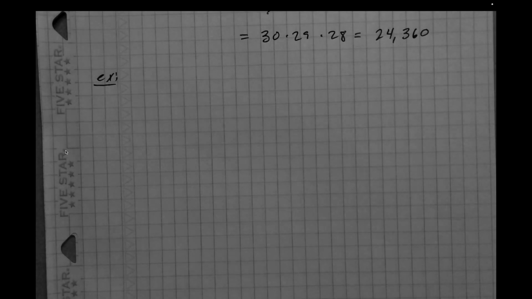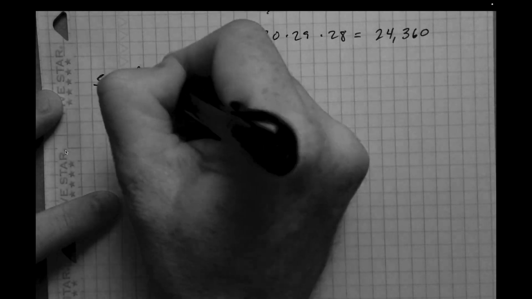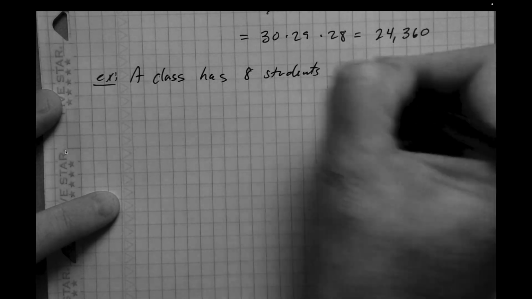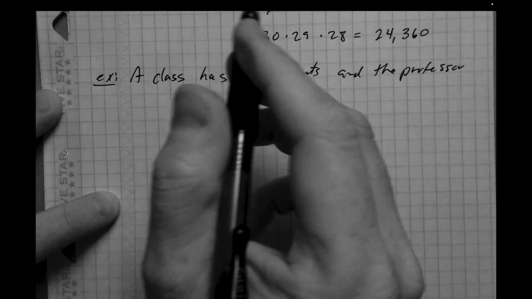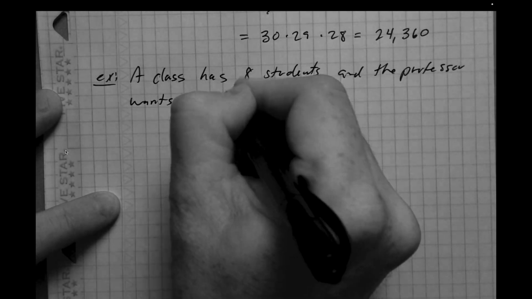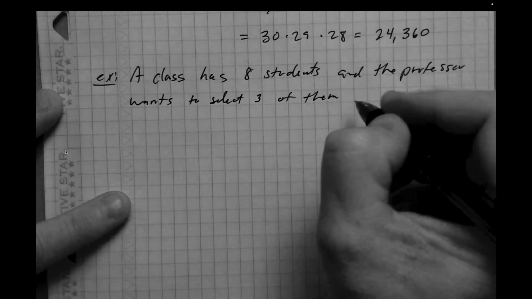In this example, we've got a classroom with 8 students. And the professor wants to select 3 of them to give presentations. First, second, and third in that order. So a class has 8 students, and the professor wants to select 3 of them to give presentations.